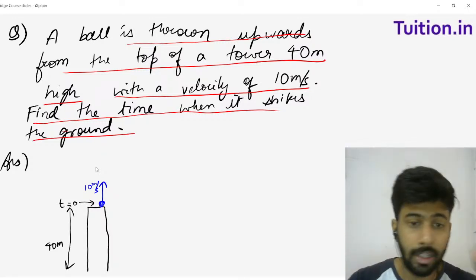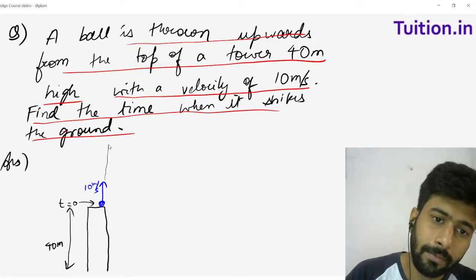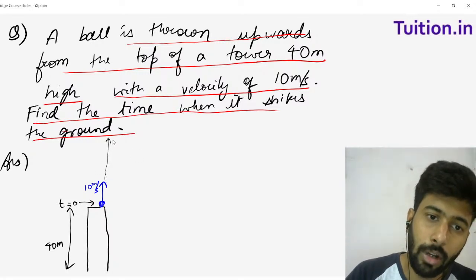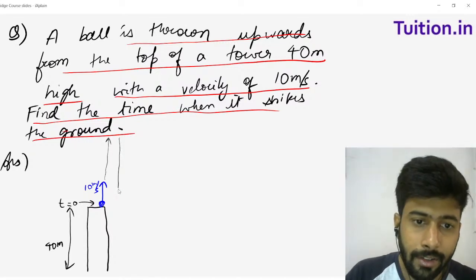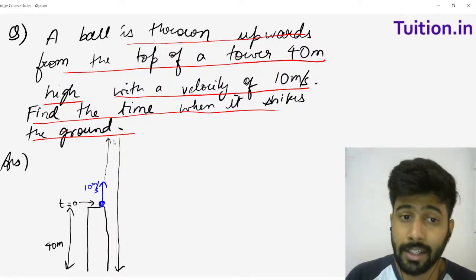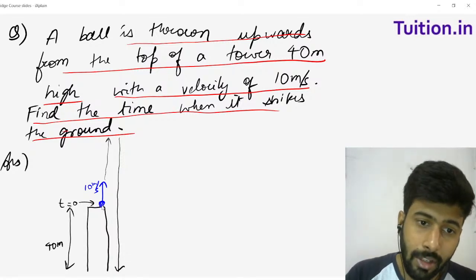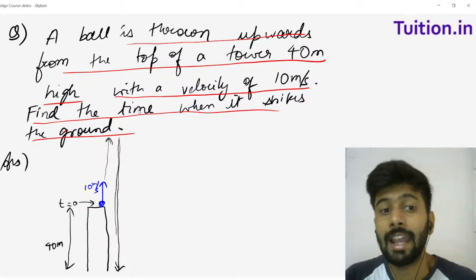Okay, so from t equal to 0, this ball is starting. It will go up for some time. Then it will stop, and then it will start falling freely, and then it will reach the ground. Now the question is asking you, from here to here and then from there to down, how much time has elapsed?